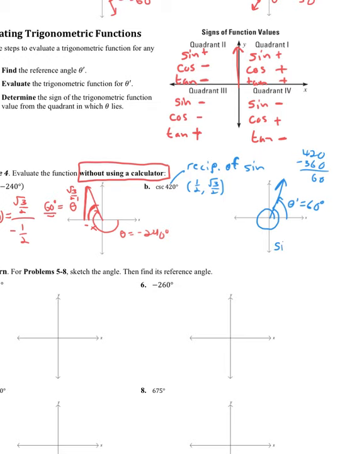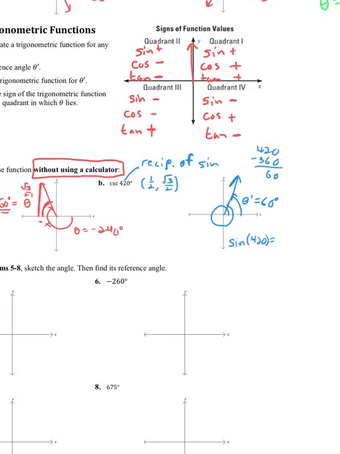So sine of 420 degrees is y over r. Thankfully, the r is just 1, so it's just root 3 over 2. Cosecant of 420 degrees means I flip that over: 2 over root 3. And that's how I would evaluate this trig function here.